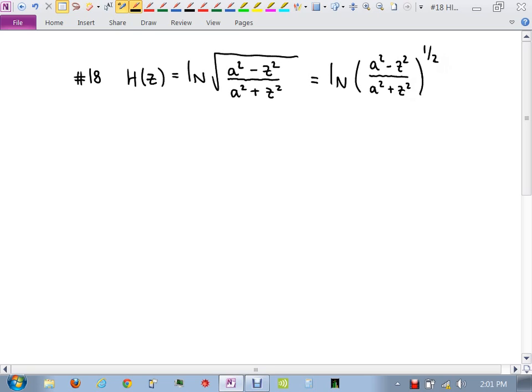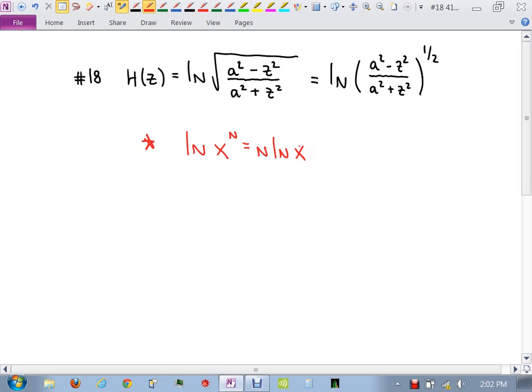Isn't the square root the same as raising it to the 1/2? Yes? And then there's a property, because this was mentioned, I think, in 3.2. There's a property of logs that says this, and I'll just write it down. Natural log of x to the n equals n natural log x.